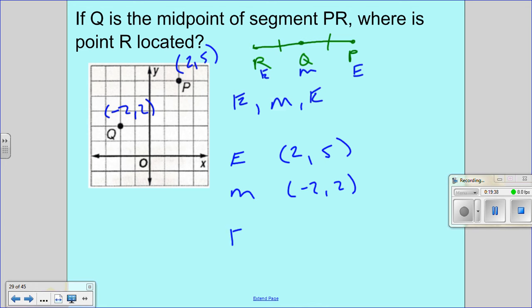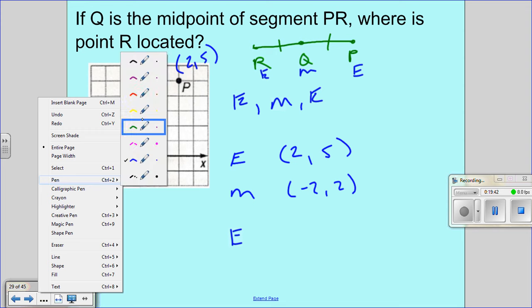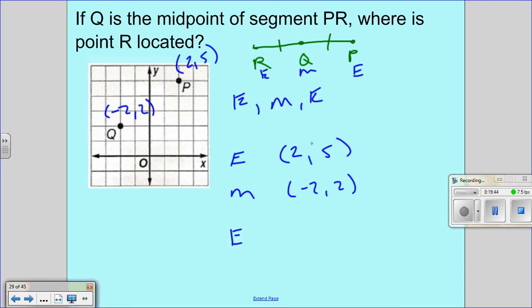So we're looking again for our other endpoint, R. So let's see. To get from 2 to -2, what did we have to do? We had to subtract 4.